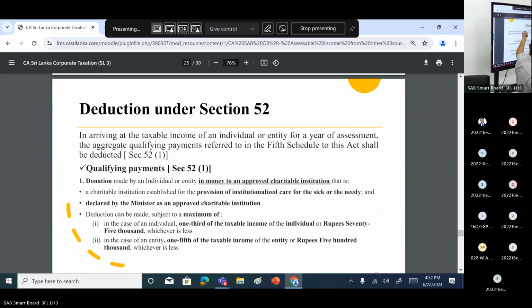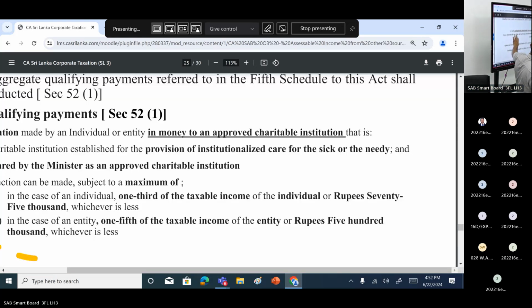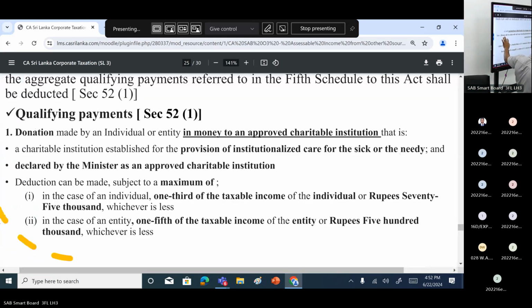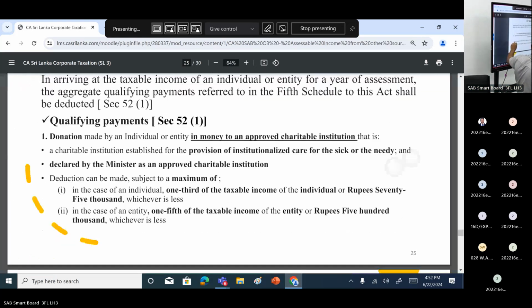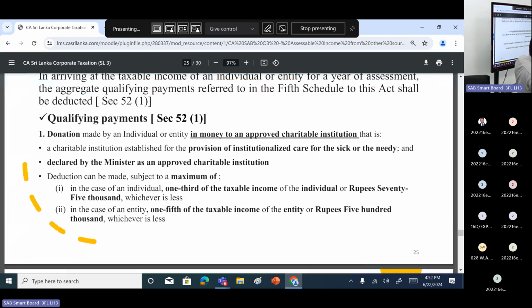So then qualifying payment. Section 52, subsection 1. Donation made by an individual or entity in money to an approved charitable institution.